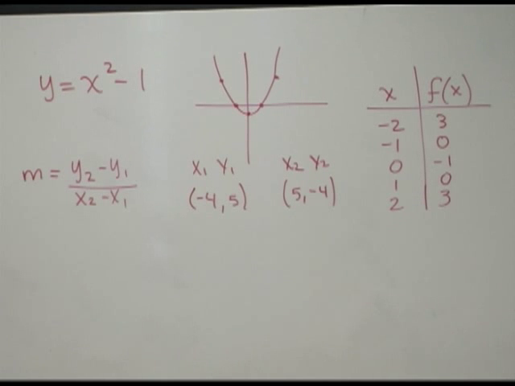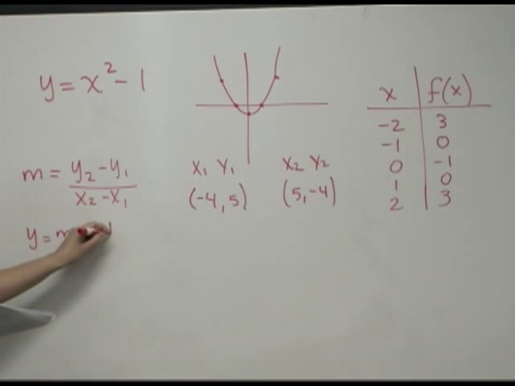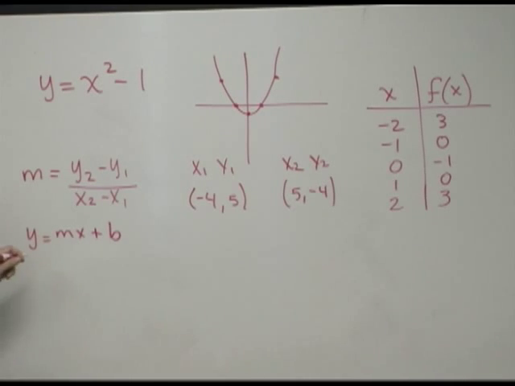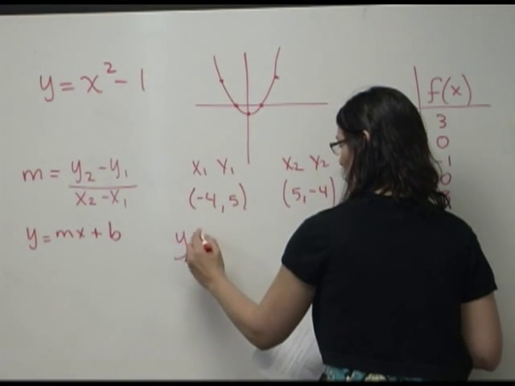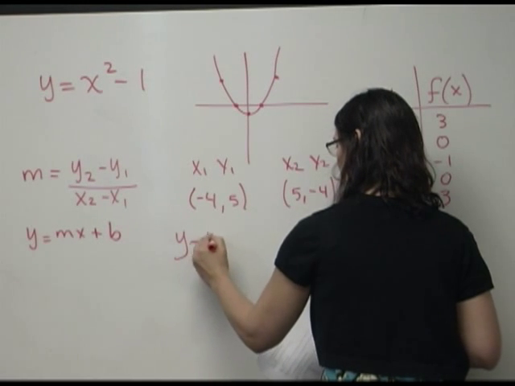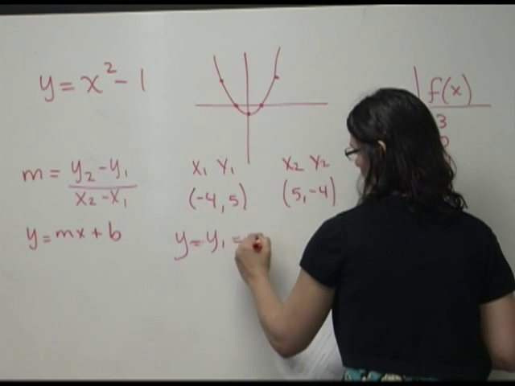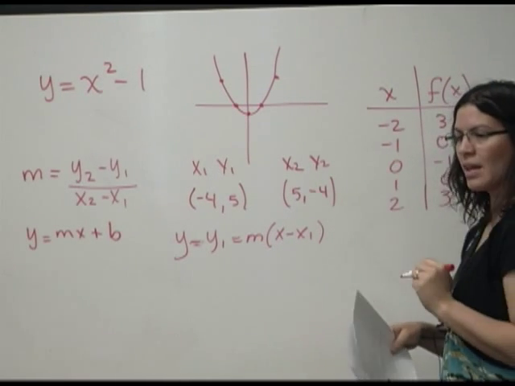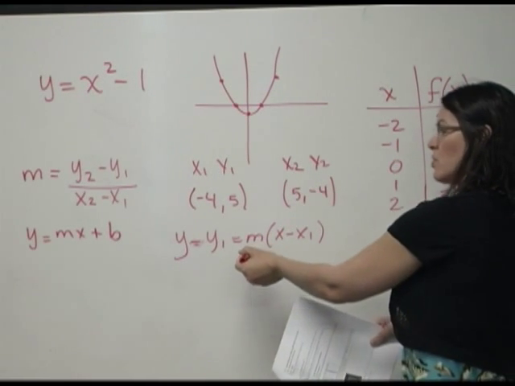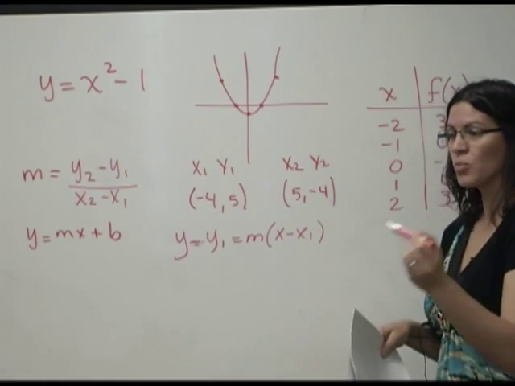Now, once you have the slope, you use the standard linear equation, or you use the point slope. You substitute in that formula, and then if you substitute in this one, you have to make sure that at the end, you put it in standard form.